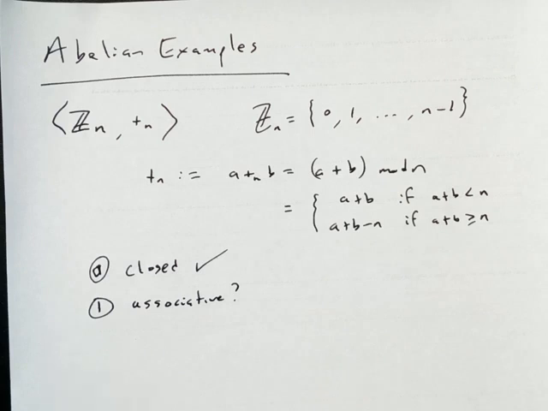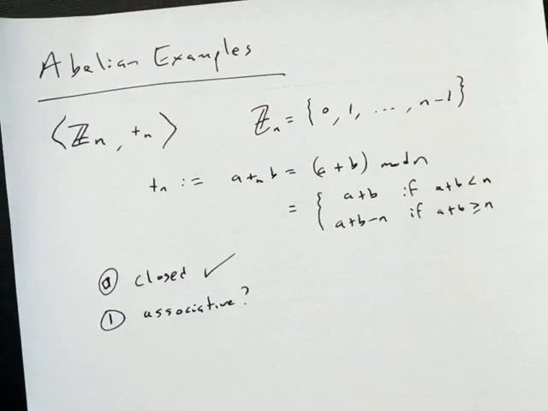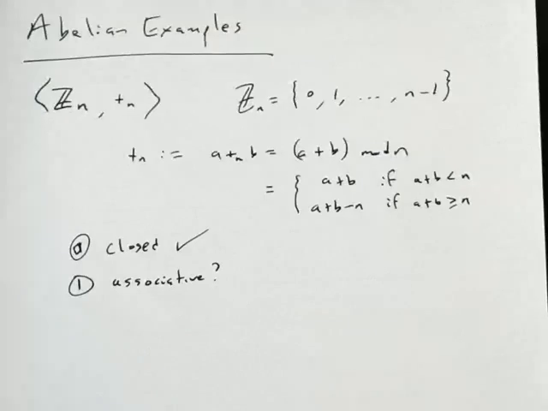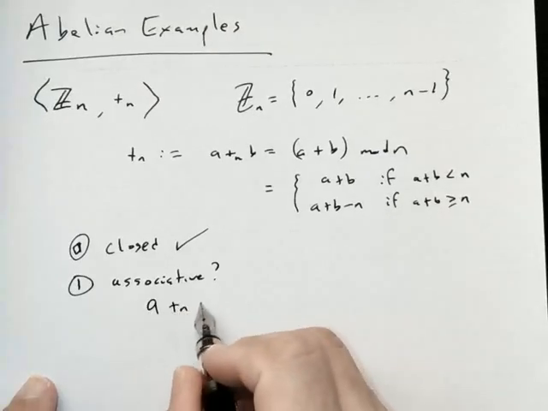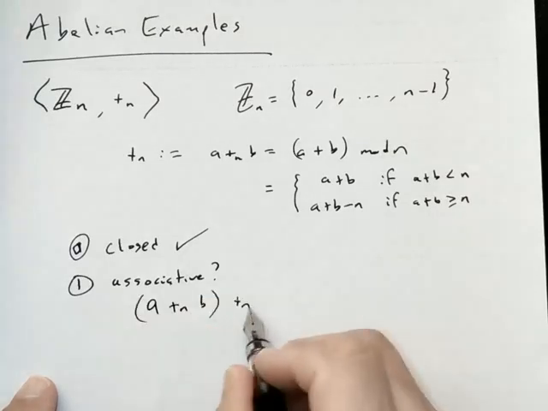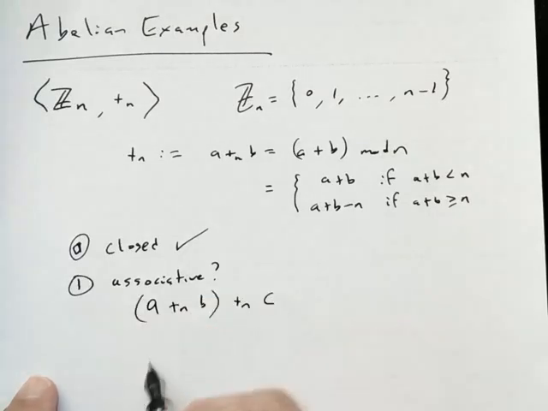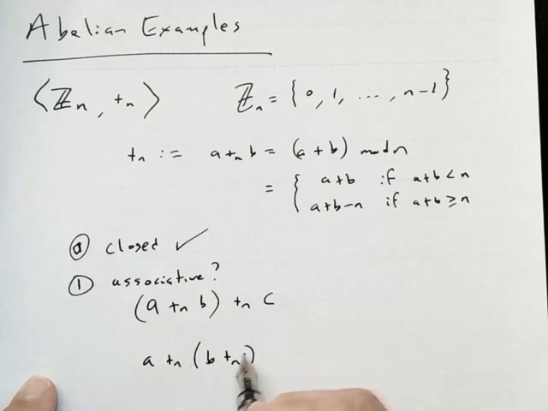The unfortunate part is that to prove this is associative, I have to do 2 calculations. And I have to show that I get the same result both times. And that's not trivial.